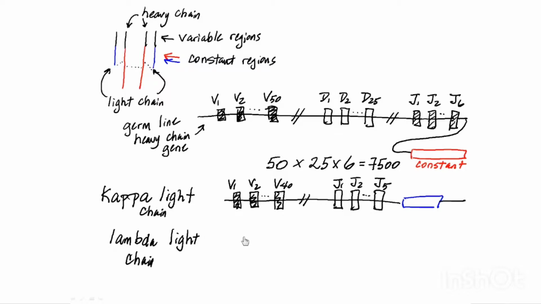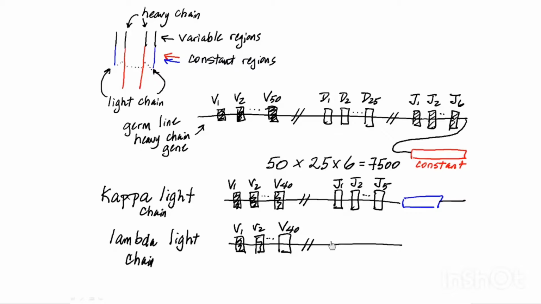It's just a little bit of a different pattern of duplication. For the lambda light chain, there are a total of also about 40 V regions, and then there are 4 J segments, each of which is upstream of its own constant region.